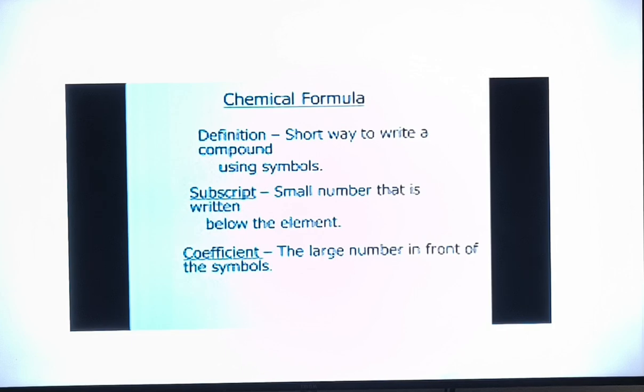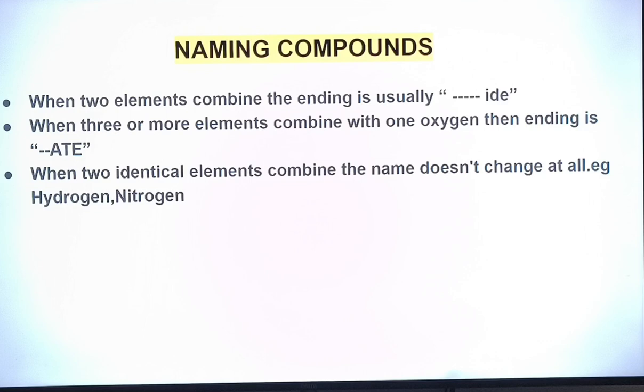A chemical formula is a short way to write a compound. The subscript is a small number written below that element just to show how many of them are there. When we are balancing a chemical formula in an equation, it is written as a coefficient, which is a number in front of the symbol.